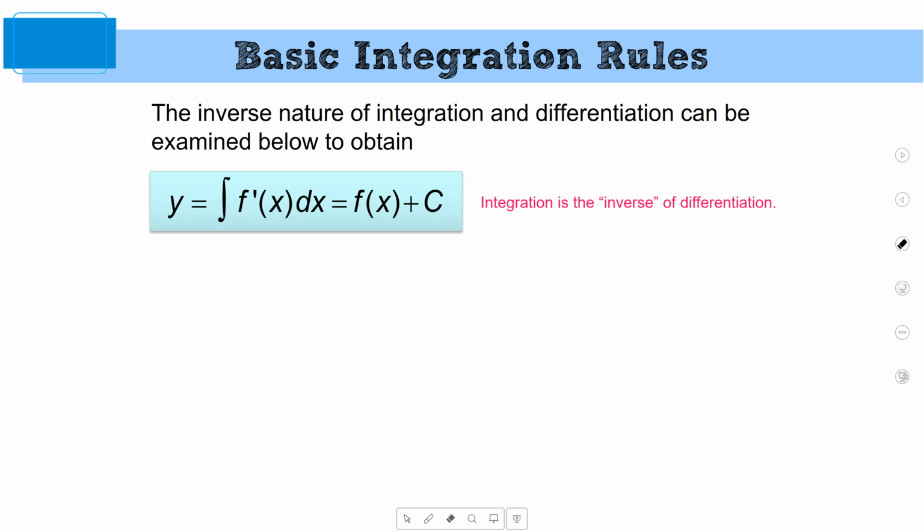You're taking the integral of a derivative, and you end up where you started. Just like if you take the square root of a function squared, you end up back where you started. Are you with me? Okay, now notice there's a plus c on there. Question: did I take the derivative first, then the antiderivative, or did I do the antiderivative and then the derivative? Which one came first?